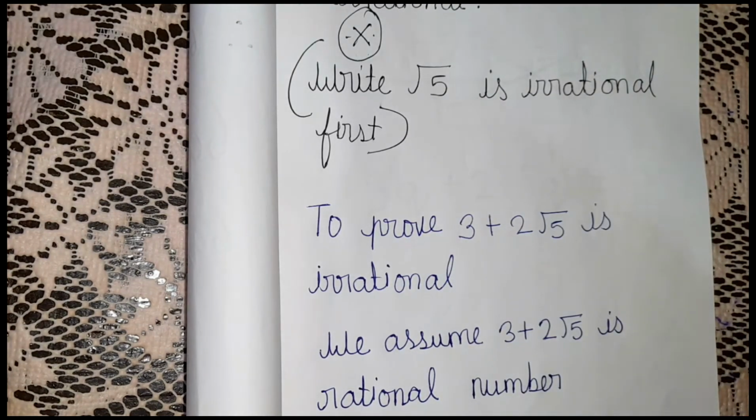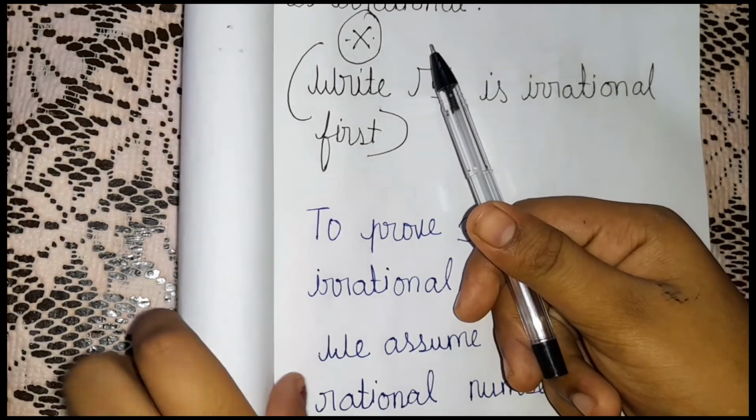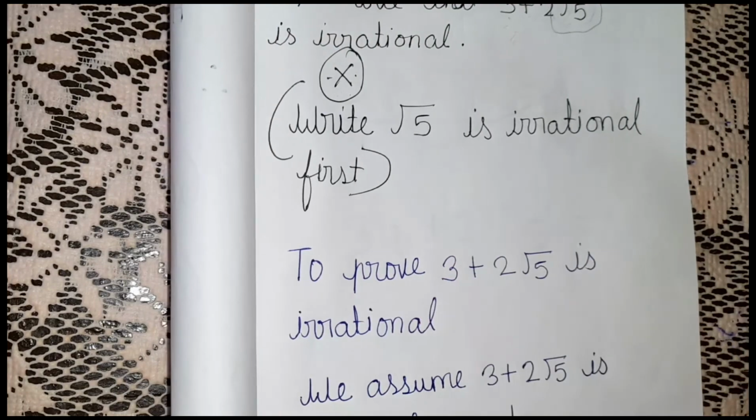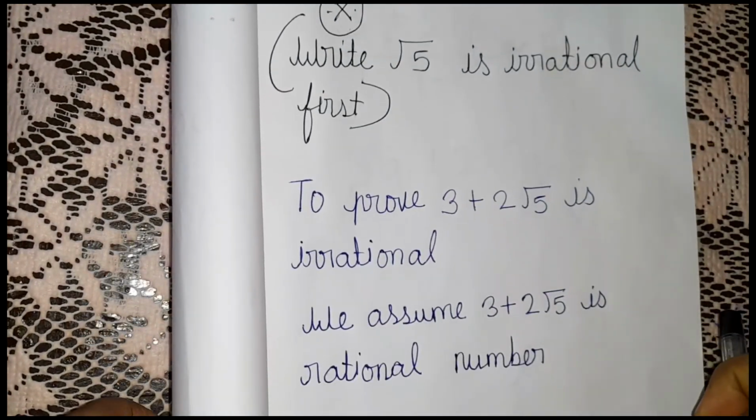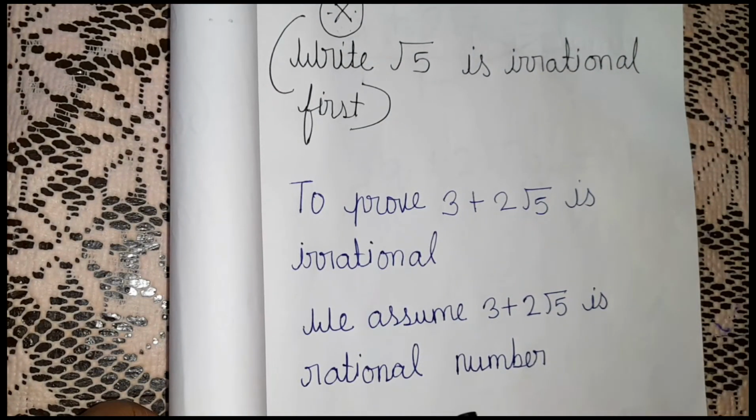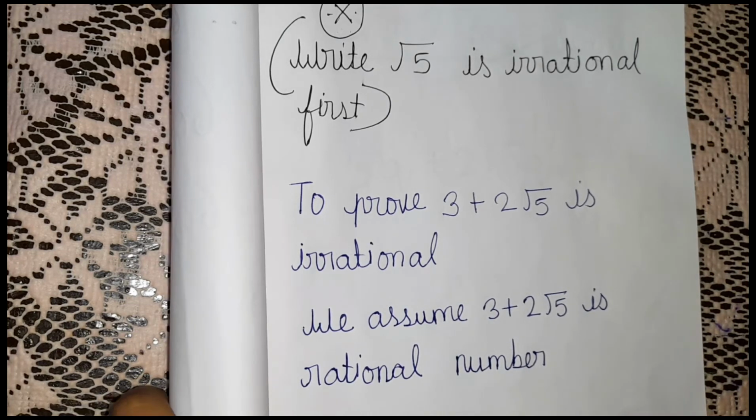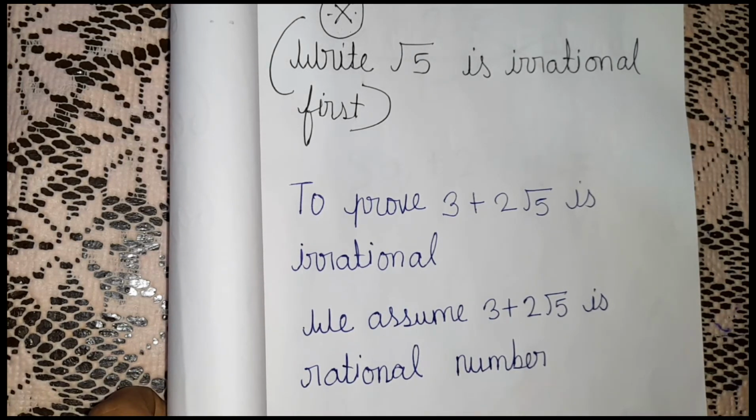Okay, so if we take a rational number, then only we can solve this question. If we don't take a rational number, it is really very difficult to solve this question. So that's why first we took a rational number. Actually we are supposed to take an irrational number according to the question, but we took a rational number, because a rational number is in the form p by q where q is not equal to 0.